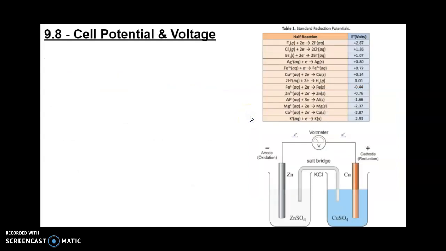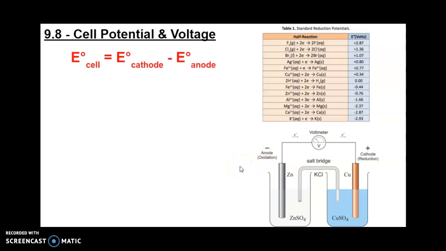Alright, so let's look at an example using a cell that we've already looked at. Remember, this is a galvanic cell between zinc and copper. We can see the electron flow is going in the direction of the copper, and therefore reduction is happening at the copper. So that's going to be your cathode. The anode is where the oxidation happens. So this is going to be your anode.